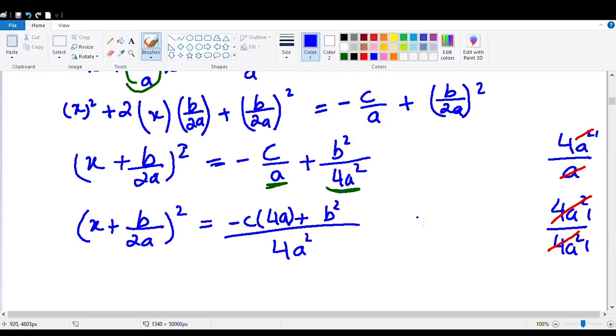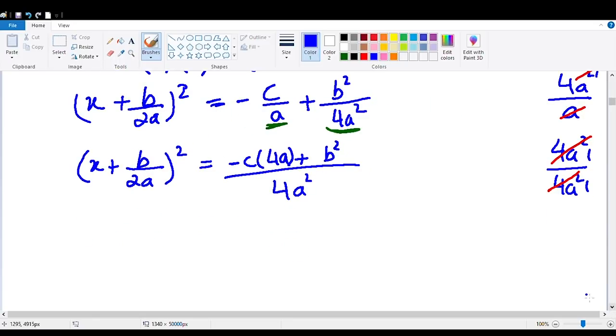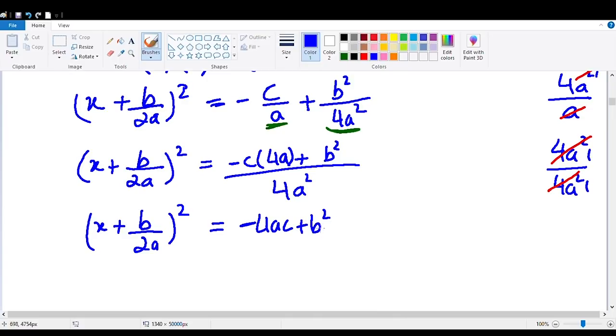We don't really need to write that. So x plus b over 2a whole square equals minus 4ac plus b squared over 4a squared.